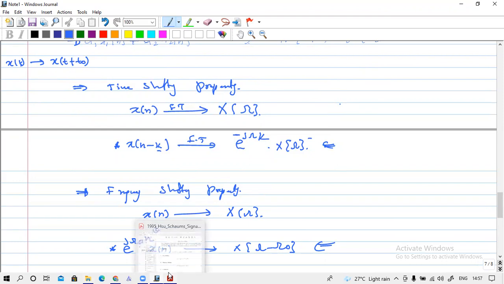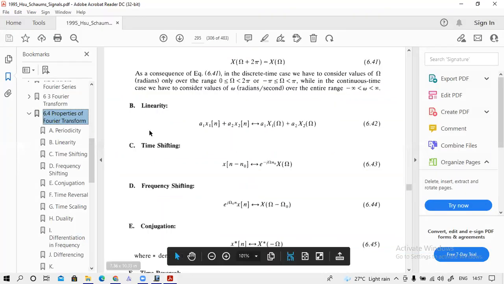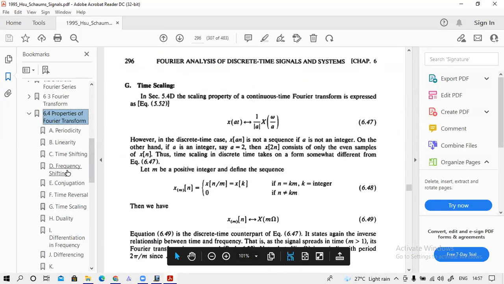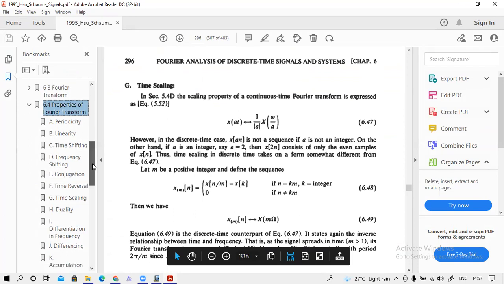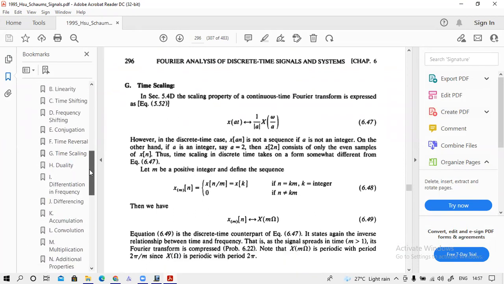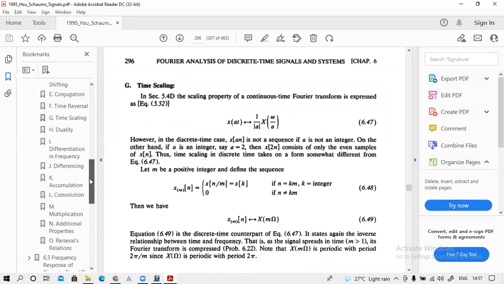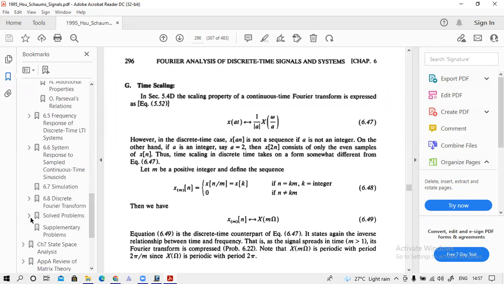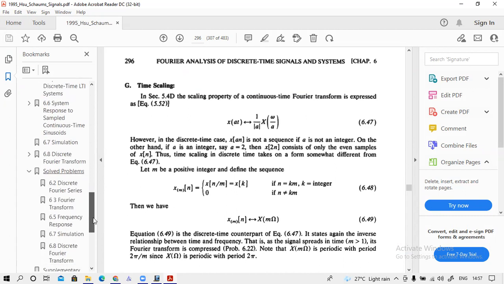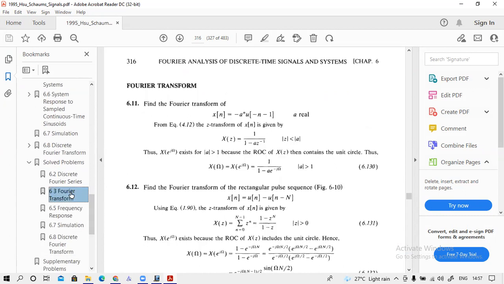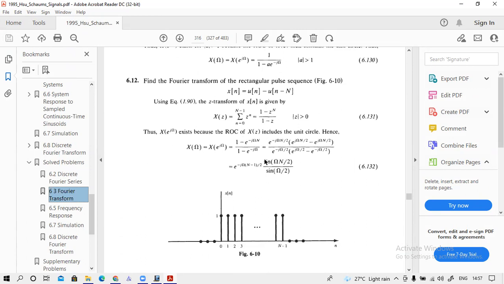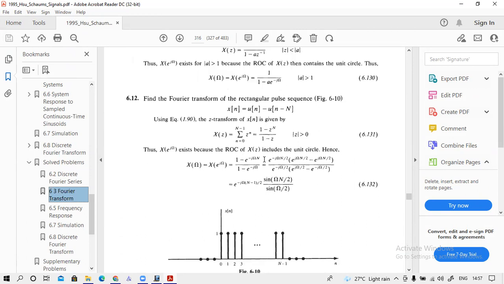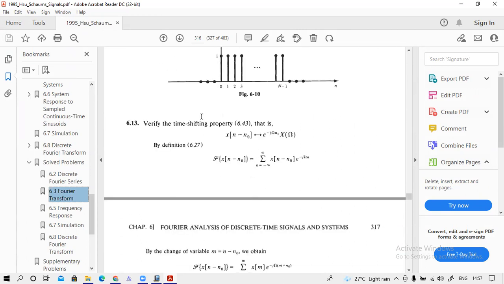In our reference book, in the solved problems on the Fourier transform, you can see that the time shifting property is verified.